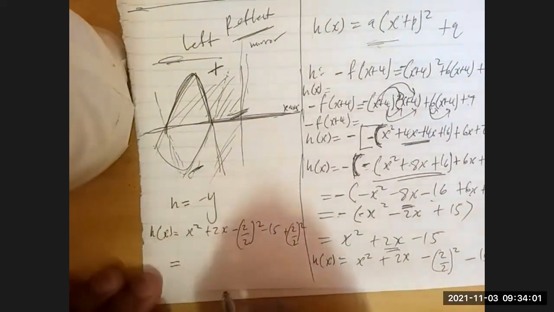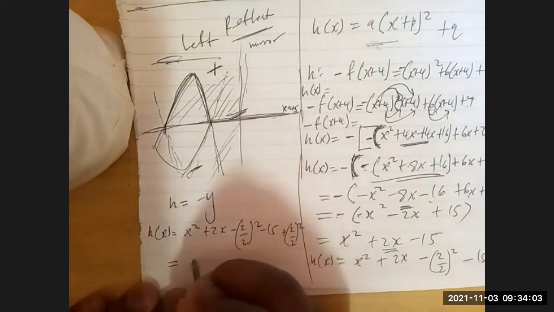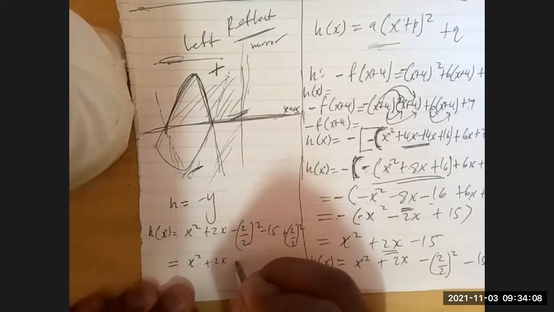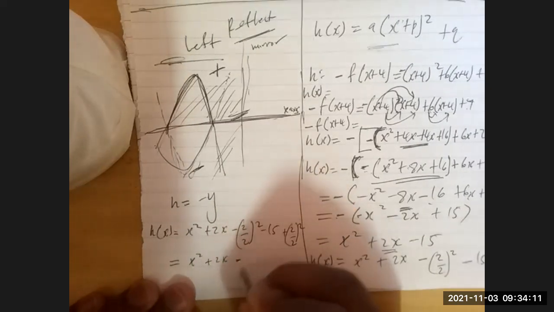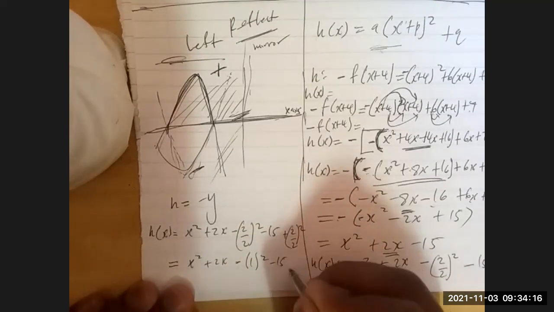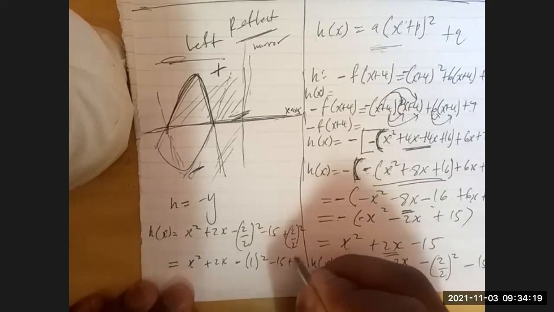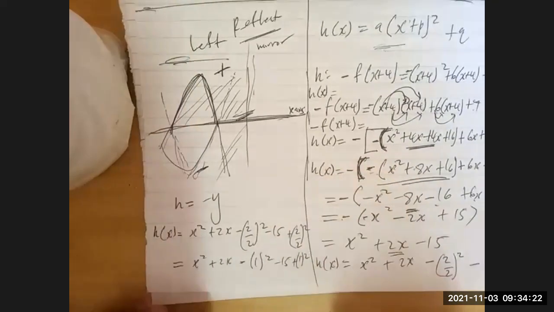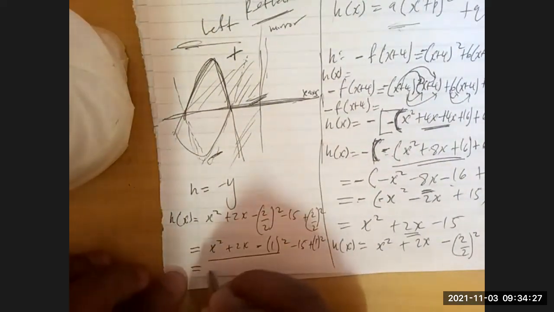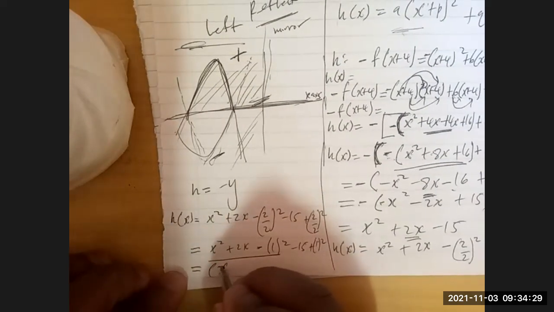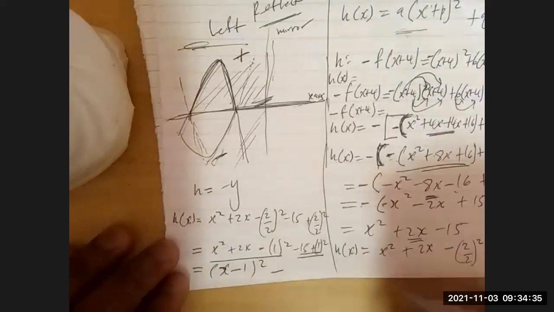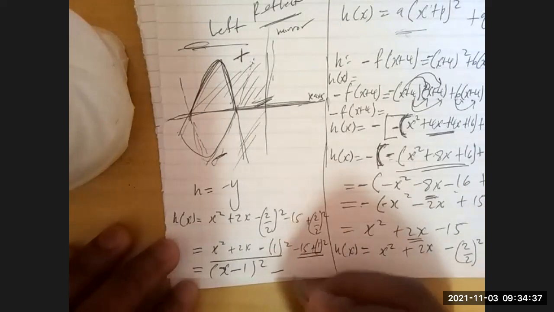So this is going to be equal to x squared plus 2x, minus 2 divided by 2, that is 1 squared, minus 15, then 2 divided by 2, that's plus 1 squared, okay? So this part here is what I'm going to put inside the bracket to say I'm going to have x, I factorize it. When I factorize it, it's always going to be x minus 1 squared, okay? And then this part here I'm going to work out to say negative 15 plus 1 squared, that is going to be negative 14.